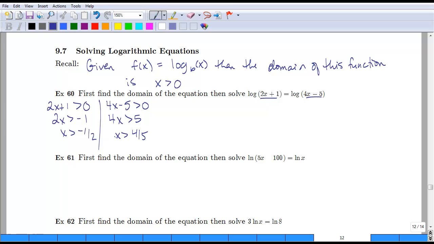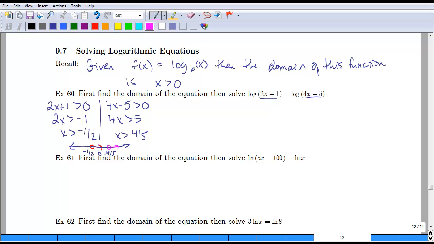So if you look at these two things, and if you want to put things on your number line just to make sure, we'll put 0 here, we have negative 1/2 and we have 4/5. So for the negative 1/2, we say we have to be greater than that value, and for 4/5 we have to be greater than that value.